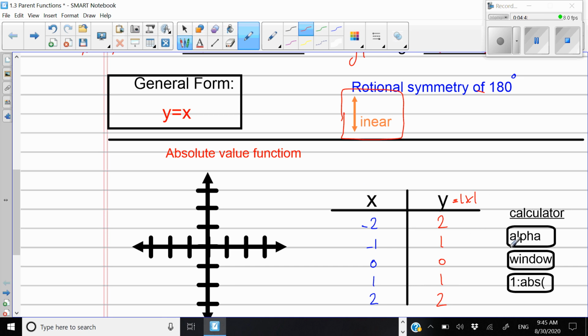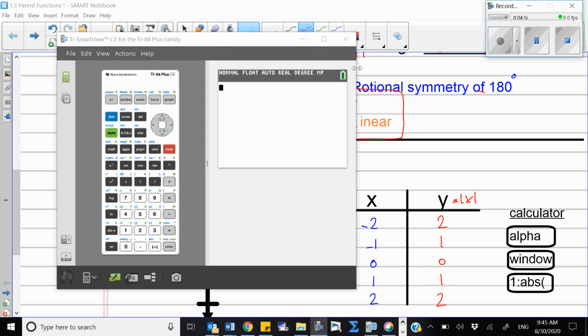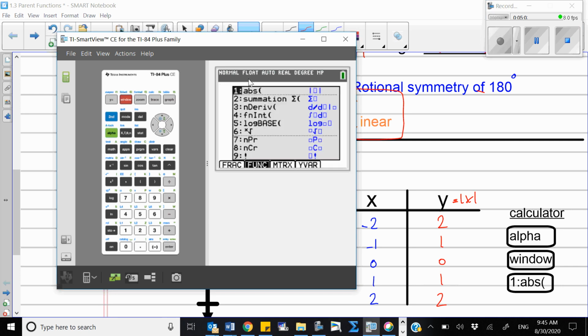If you want to use your calculator to find the values, I'm going to show that to you right now. To use your calculator, as I've listed here, you're going to use alpha, window, and then choose one, absolute value. This is how it works. Alpha, window, and you're going to see the list of all the functions.